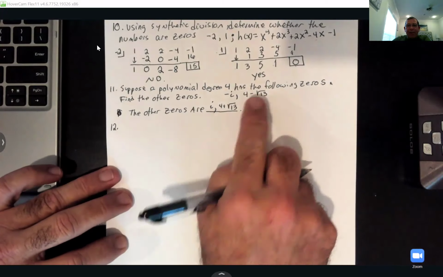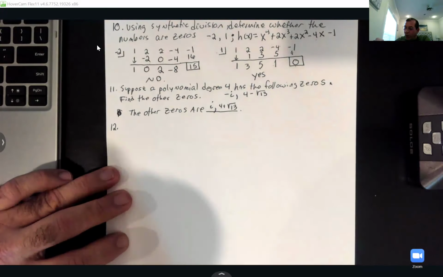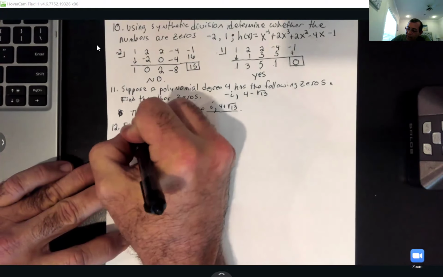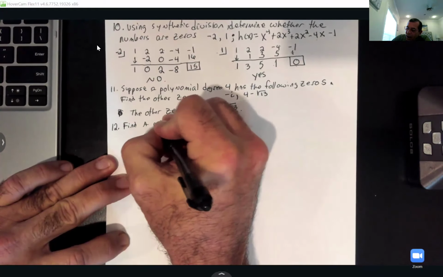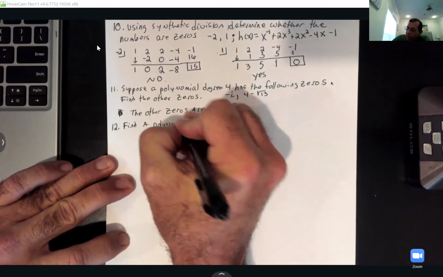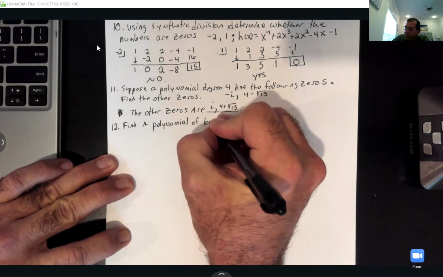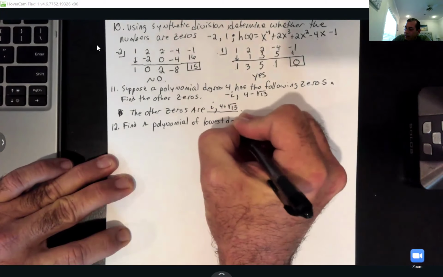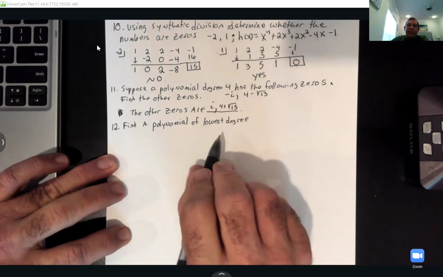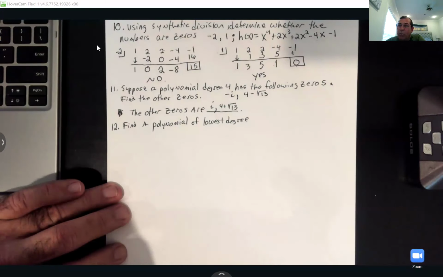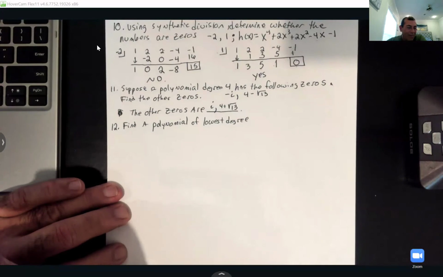Now, why did we have to know this? So that we could do number 12. Find a polynomial of lowest degree. Since they're saying lowest degree, they're not letting us know how many zeros we're supposed to have, okay?